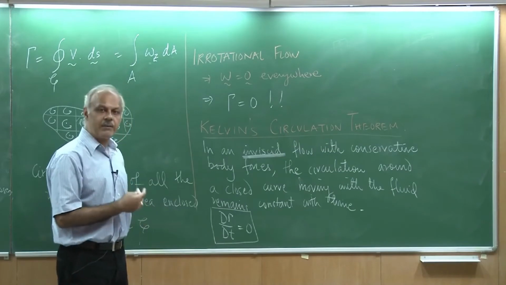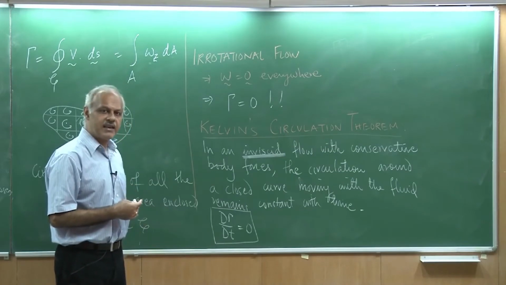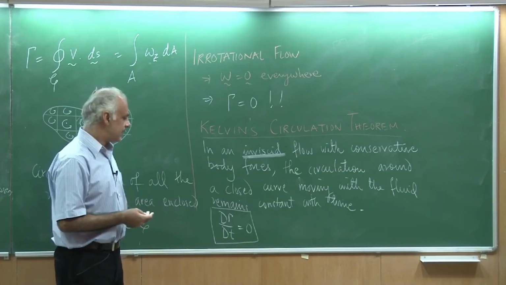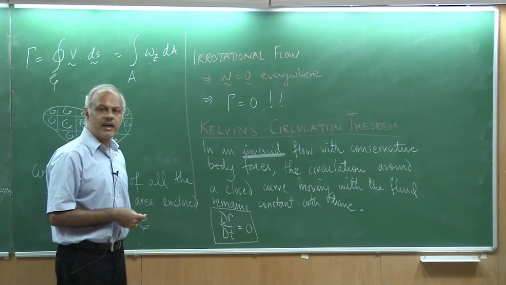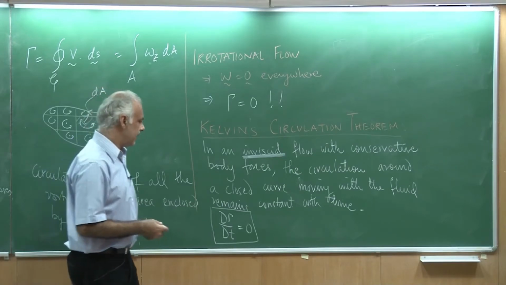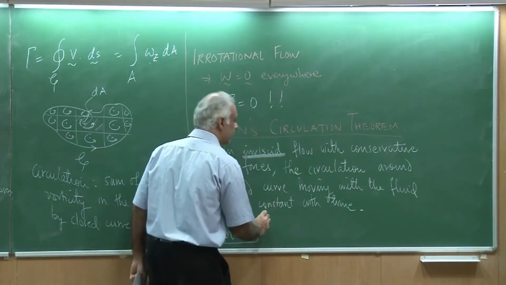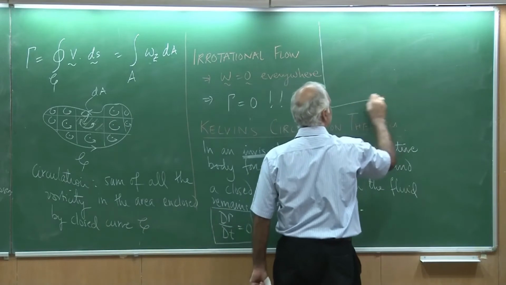If it has a certain gamma to begin with at t equal to 0, it will retain the same gamma at all times. So, it is a very important result. It is somehow related to the conservation of angular momentum. Okay. So, the fallout of this is that, maybe I should summarize that here.